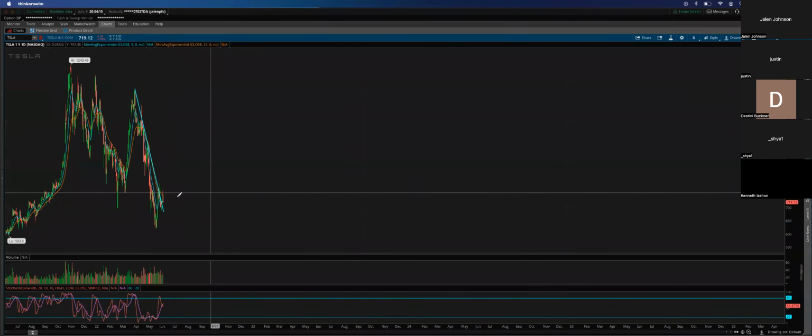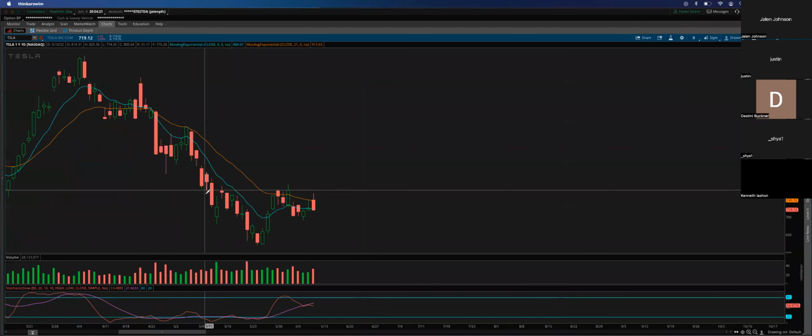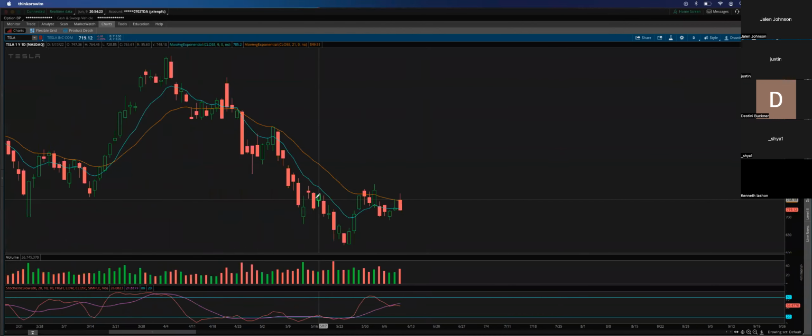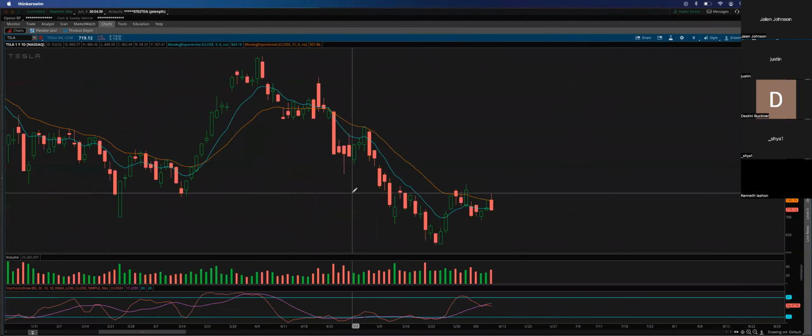Start from the bigger time frames, like always. Let's see if this annoying stock has a zone. May 6th, '26. Yeah, I'm trying to look.